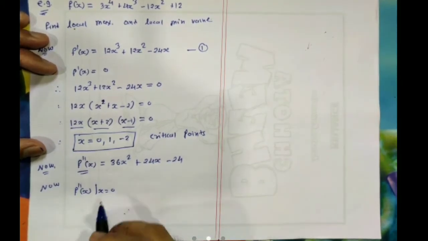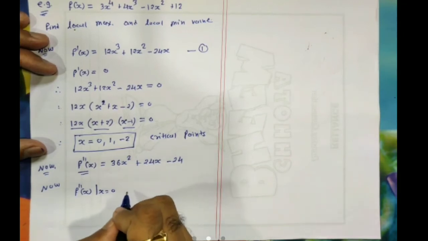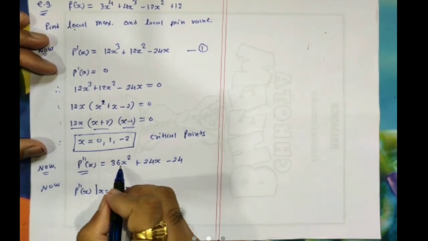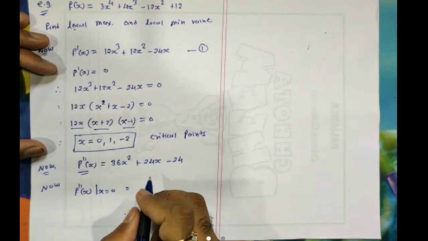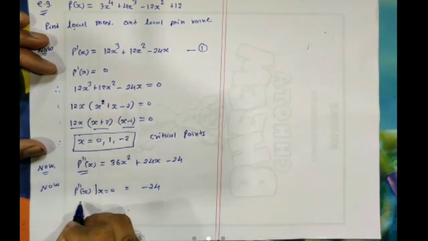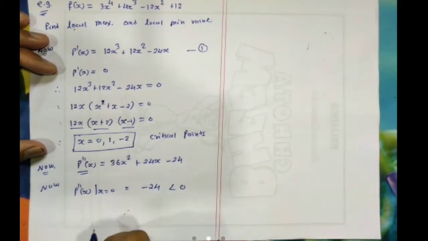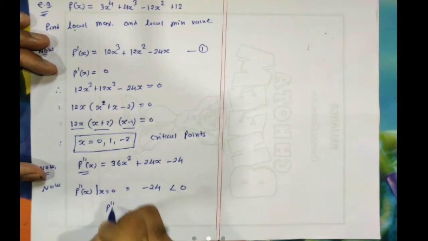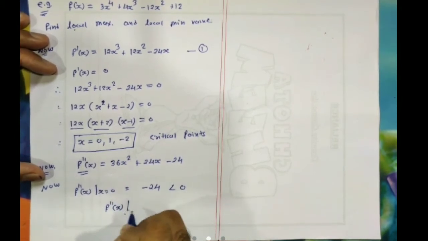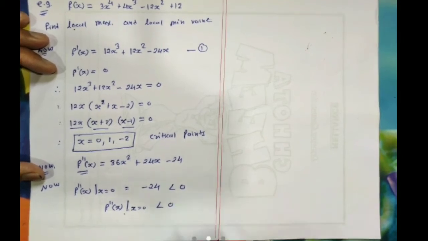Put x equal to 0 in this second order derivative, so that will be 0, 0 minus 24. So it is minus 24. What is the sign of this f double dash x? Minus 24, which is less than 0. So f double dash x at x equal to 0 is less than 0.